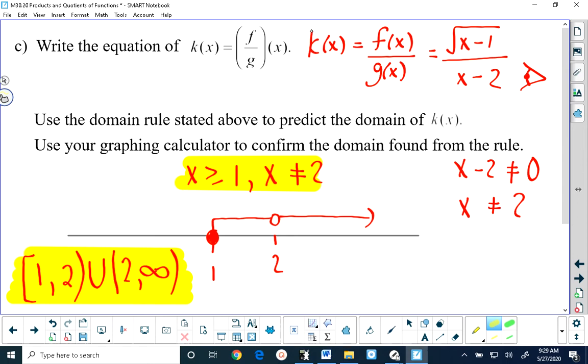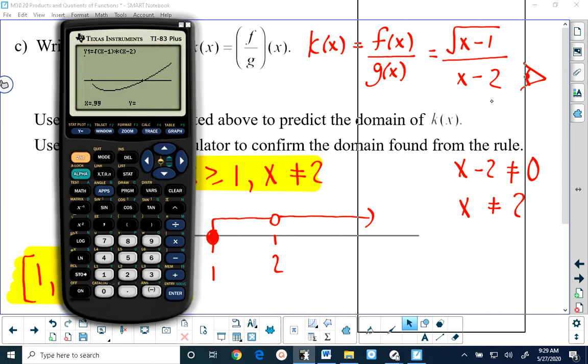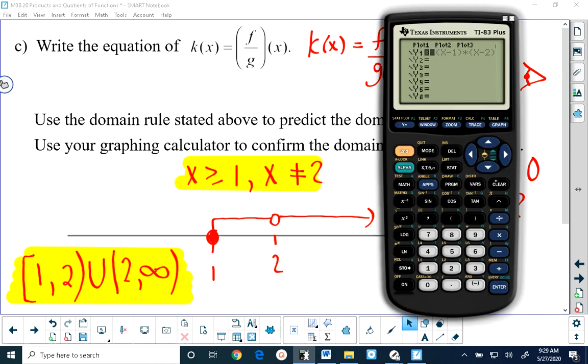All right, let's take a look now at the graph of the function and see if we can confirm that when you take the square root of x minus 1 and divide it by x minus 2, we get a domain of x is greater than or equal to 1, but x cannot equal 2. I'm going to choose Zoom 6. And now I'm going to play around with my zoom settings to give you a better picture of this graph.